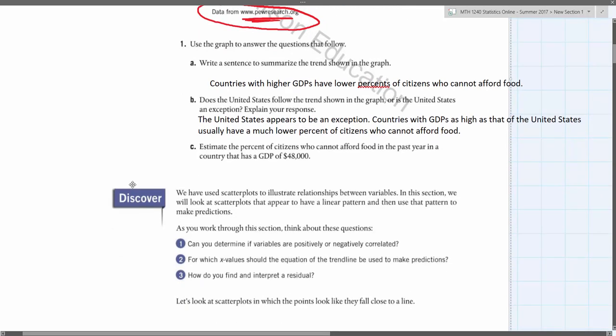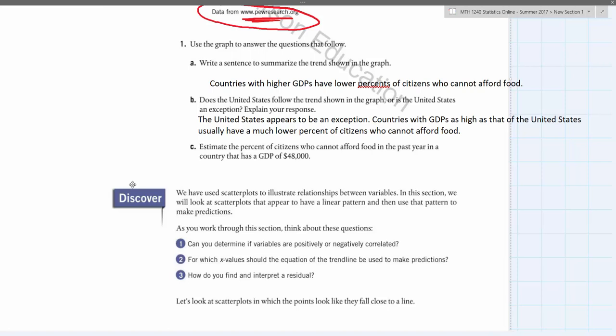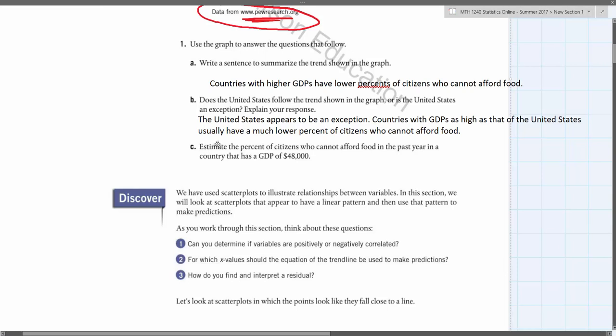Then part C says, estimate the percent of citizens who cannot afford food in the past year in a country that has a GDP of 48,000.